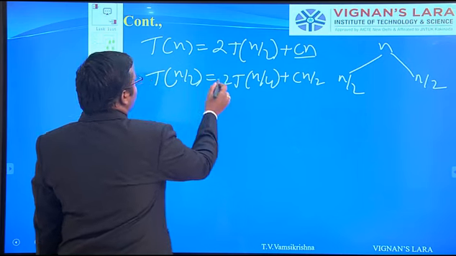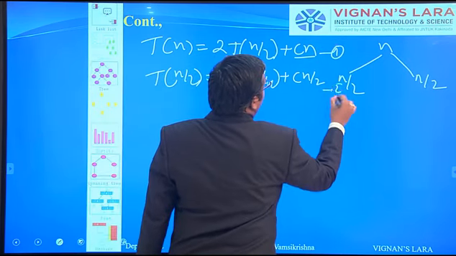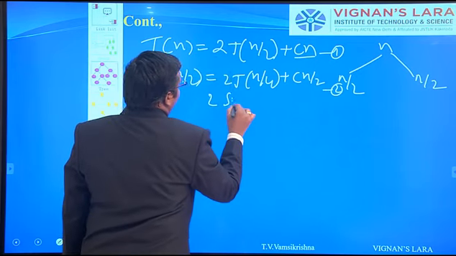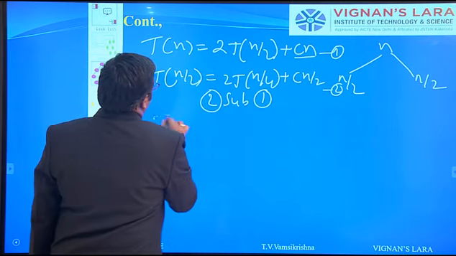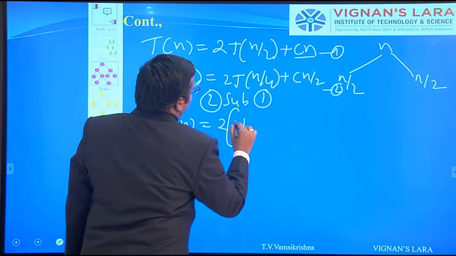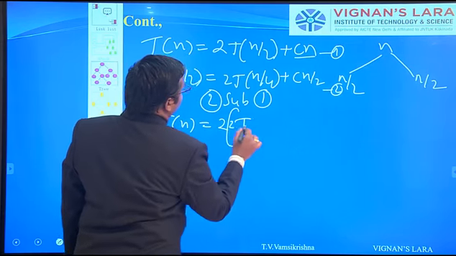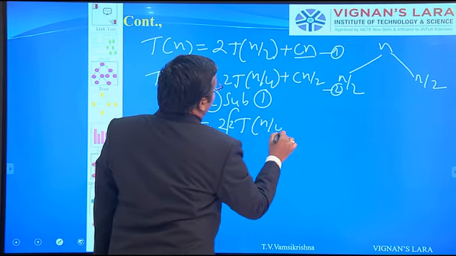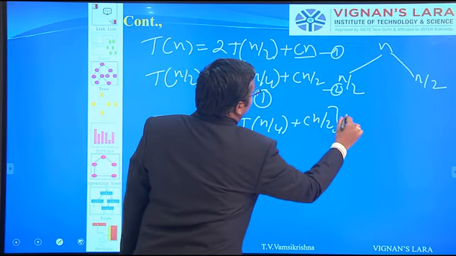For n by 2, the n value is n by 2. We are substituting equation 2 into equation 1. So what happens? T of n is equal to 2 into (2 into T of n by 4 plus Cn by 2) plus Cn.